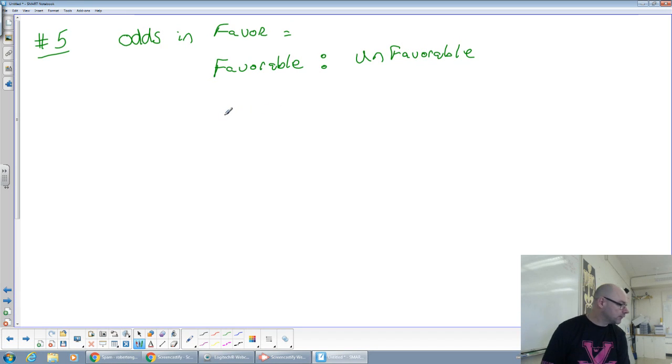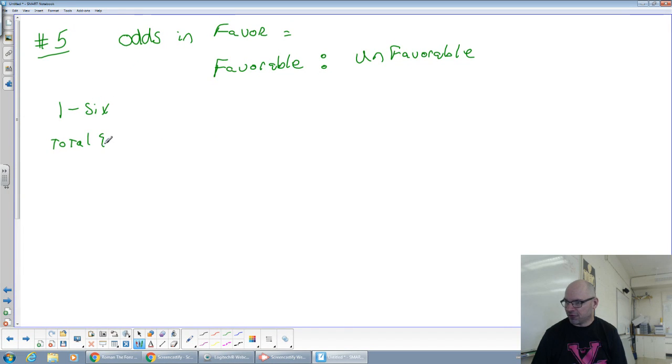So the first one is rolling a 6 on a 6-sided die. A 6-sided die has 1 6, and there's a total of 6 faces. So how many of the faces are not 6s? There are 5 faces that are not 6s.